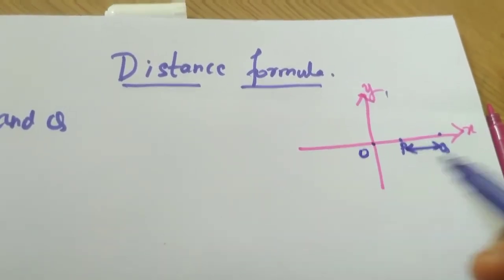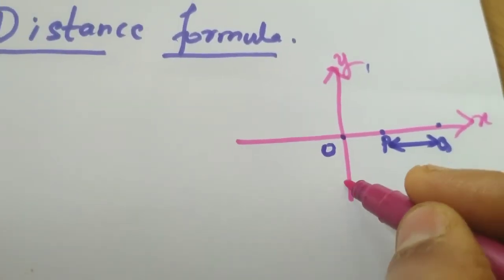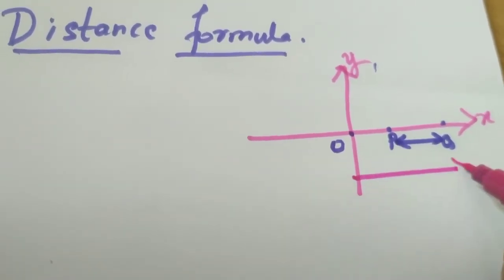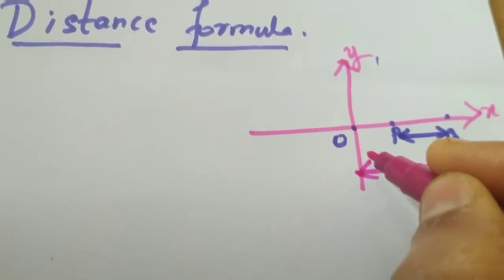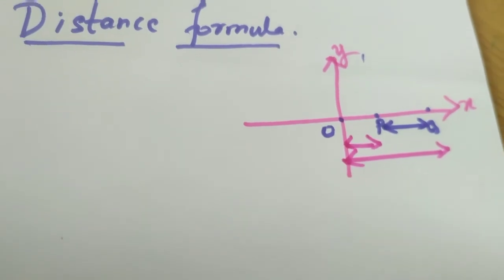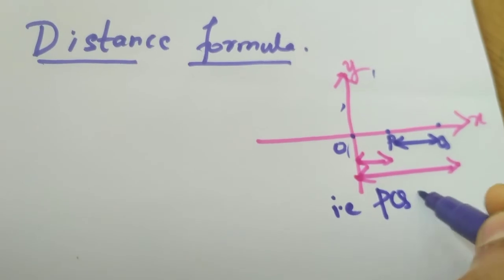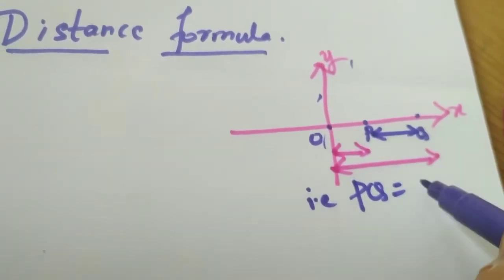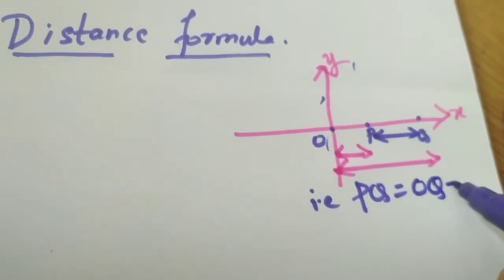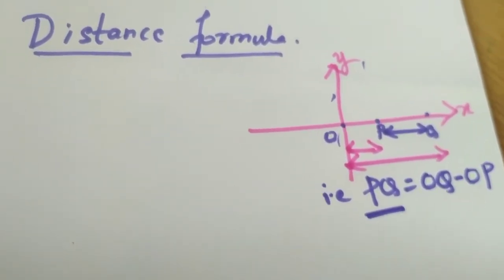To find this distance, what we can do is take the longest length minus the shortest length. That is, PQ can be obtained by OQ minus OP. This is how you can find the distance of PQ.